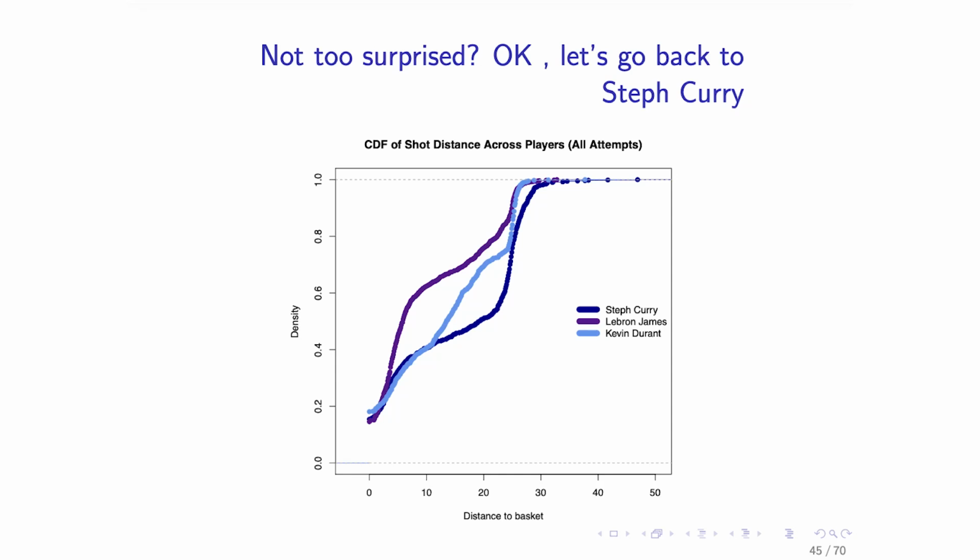And it looks, in fact, that the distribution of his shots in terms of distance from the basket stochastically dominates LeBron James and Kevin Durant. So you might say, well, it's easy because you can try, but in fact, when you look at successful shots, it's true as well. So Steph Curry is, in fact, maybe the best shooter in NBA history.